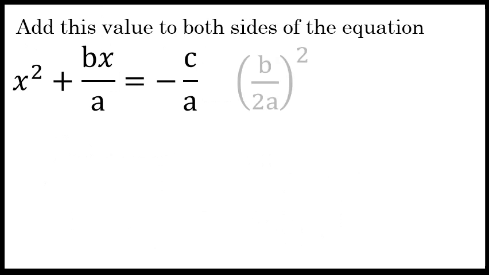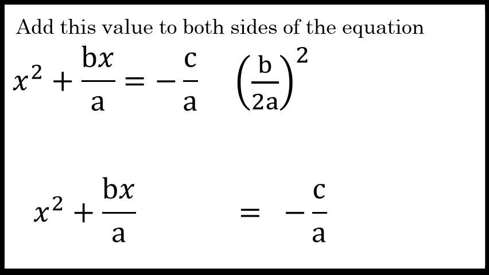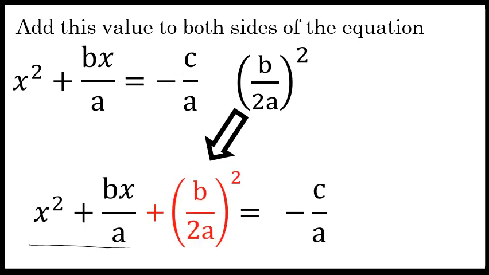Now, I'm going to take that value of b over 2a squared and add it to both sides of the equation. On the left side of the equation, I have x squared plus bx over a, and to that side I'll add b over 2a squared. Likewise, to the right side of the equation, I'll also add that value.